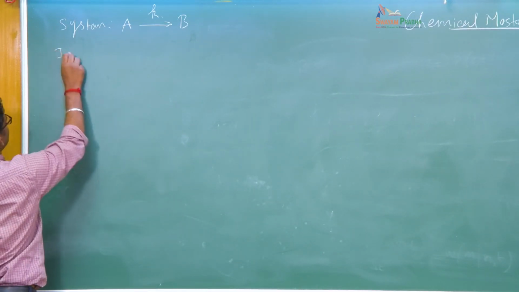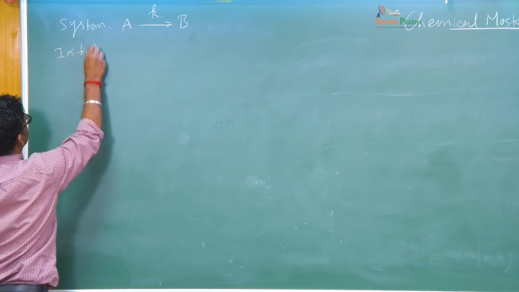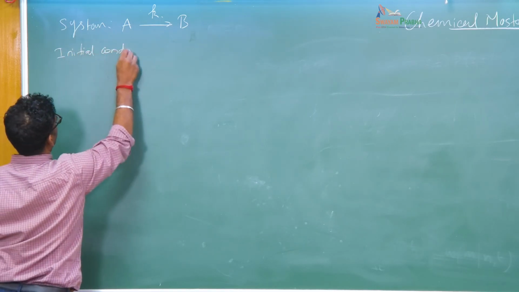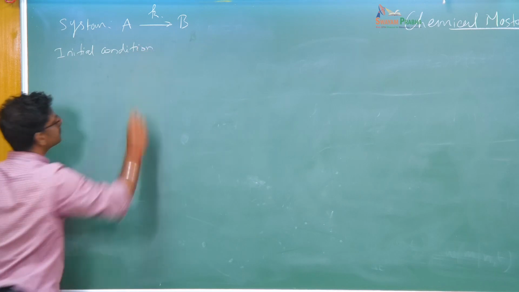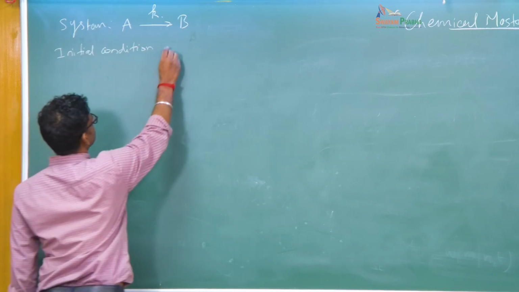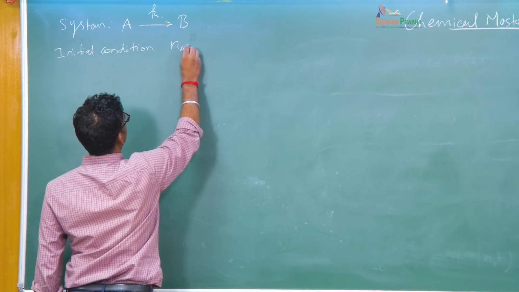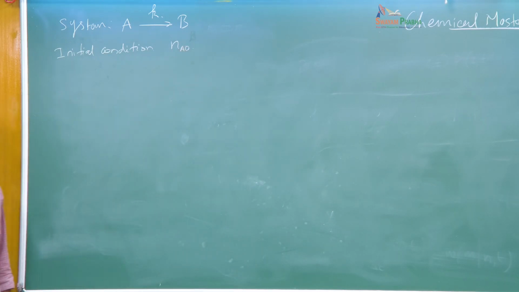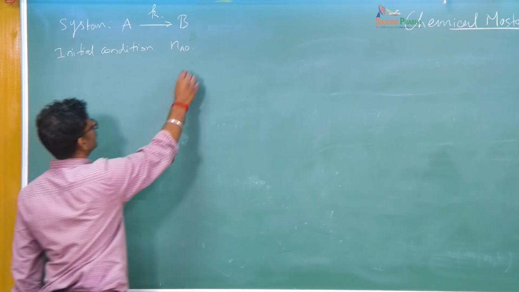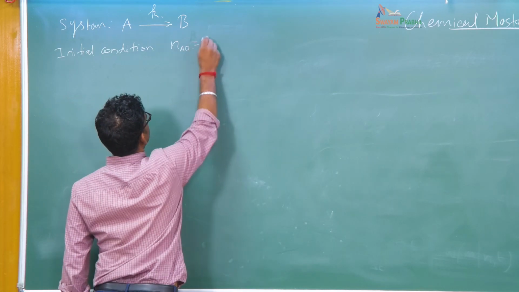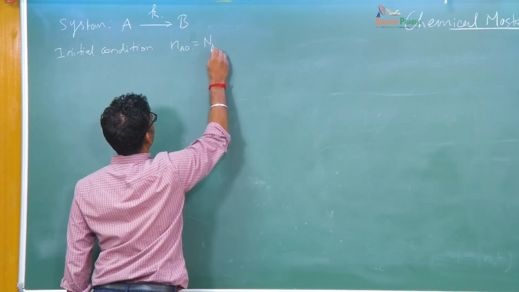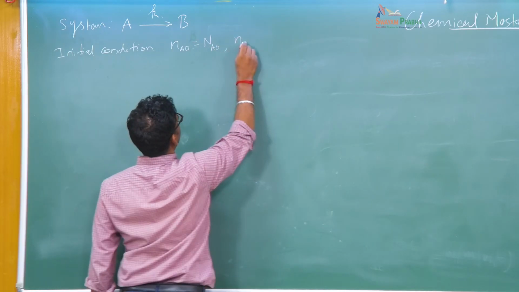What is the initial condition? The number of molecules of A, Na naught, is specified, and Nb naught is 0.